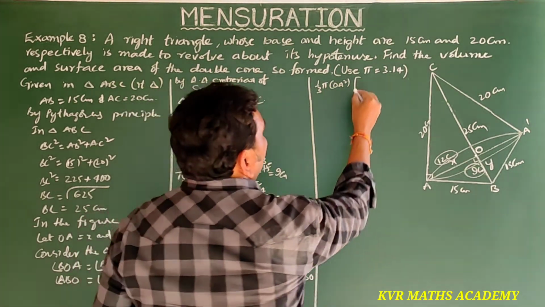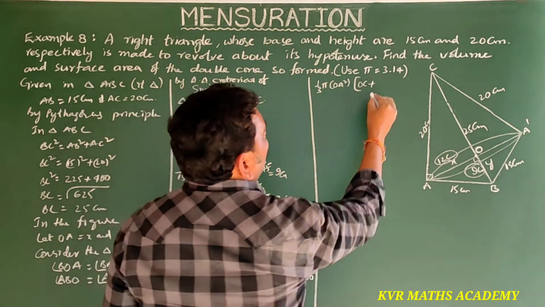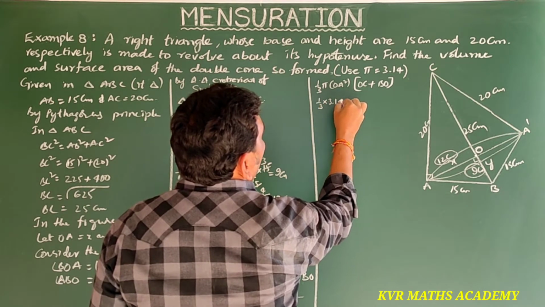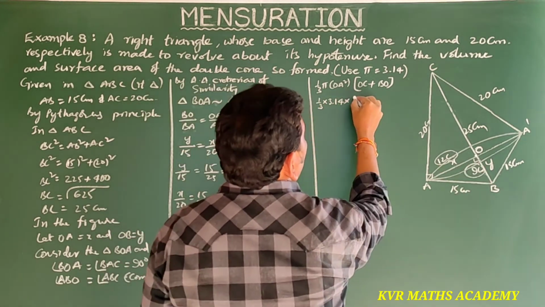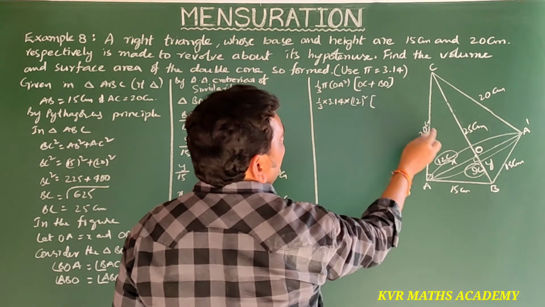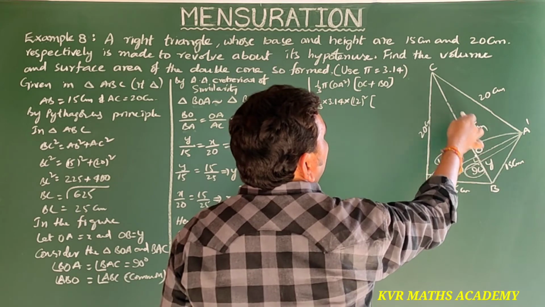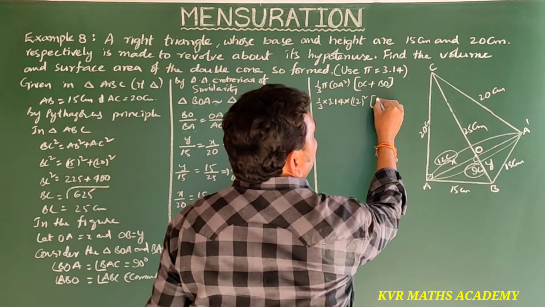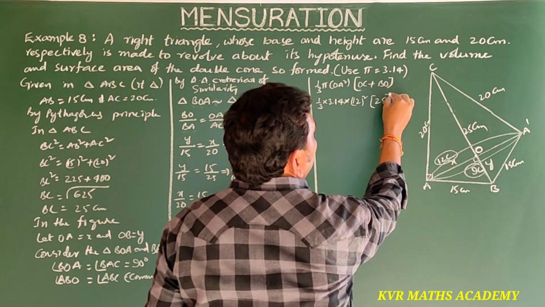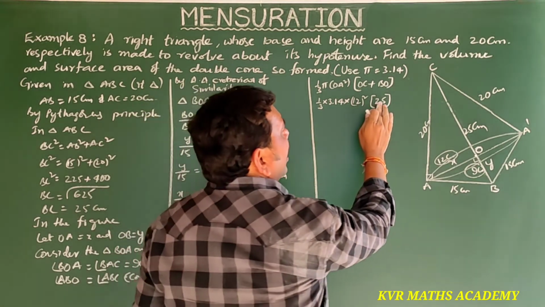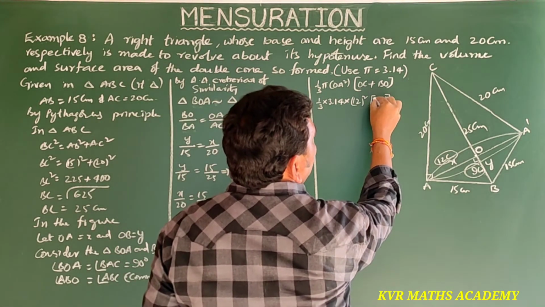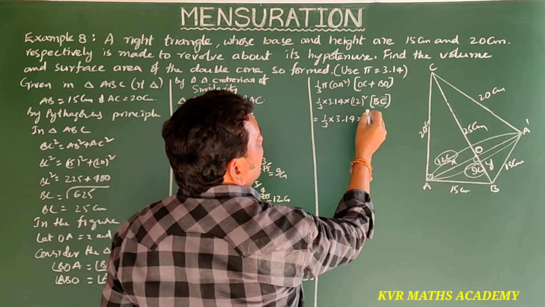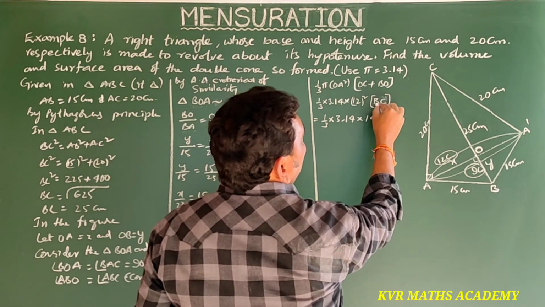Next, the remaining part is OC plus BO, right? 1/3 pi means 3.14 into OA, which is 12, square, into OC plus OB, which will be BC, that is 25. Understood clearly? That is equal to 1/3 into 3.14 into 12 square, which is 144, into BC, which is 25.